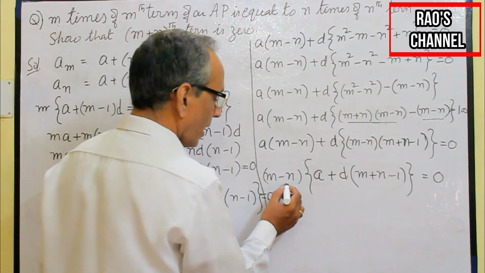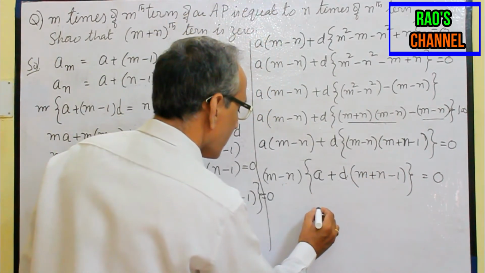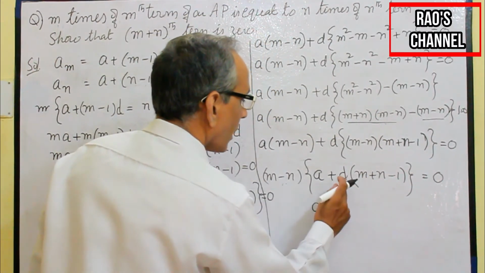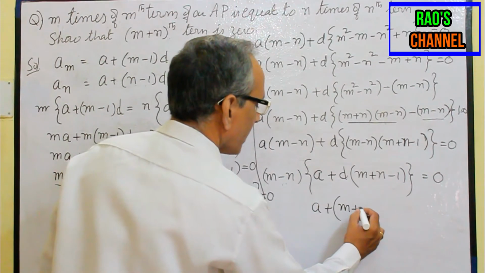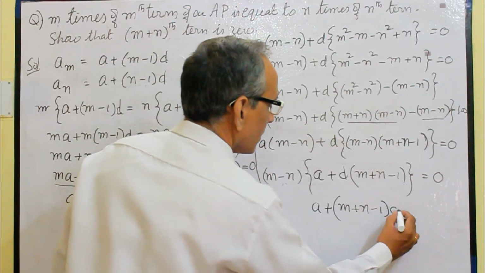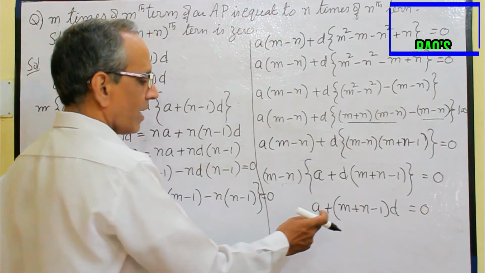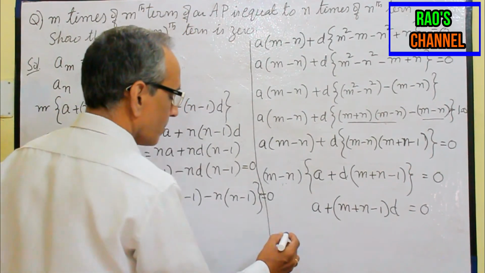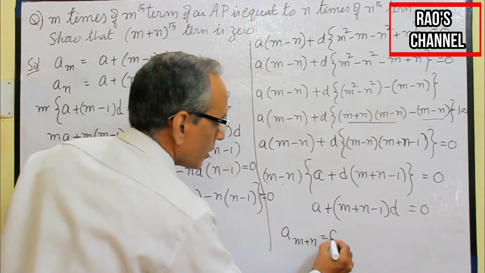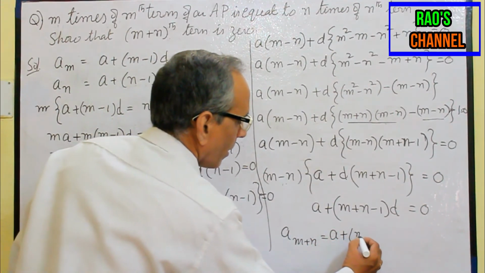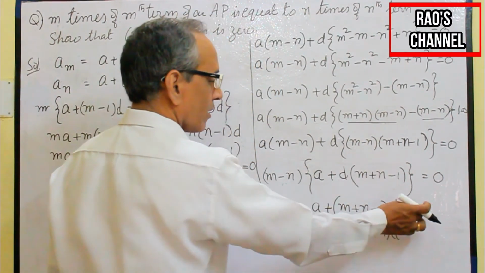Since m is not equal to n, A plus (m plus n minus 1)d is equal to 0. We see clearly this is the (m plus n)th term. What is the (m plus n)th term? It is A plus (m plus n minus 1)d, which by the question is 0.